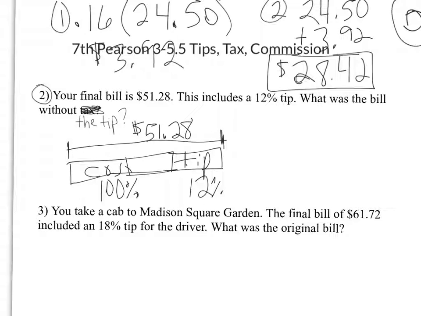So if you look at this, what's happening, you can see what percent do we have altogether? 112%. So we can say 112% of the bill, that meaning the bill before the tip, is $51.28.